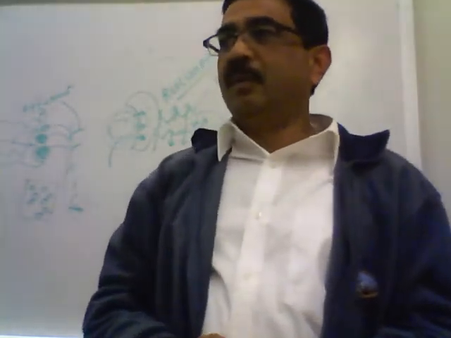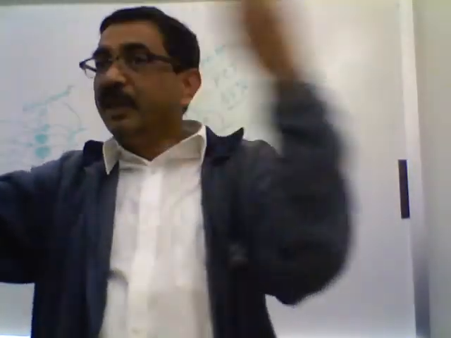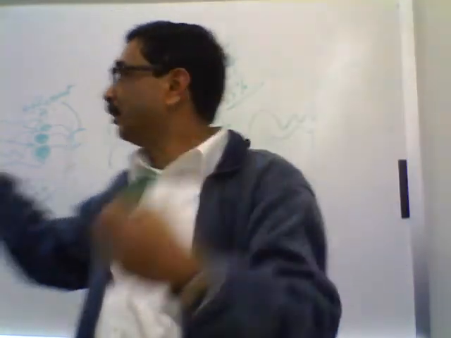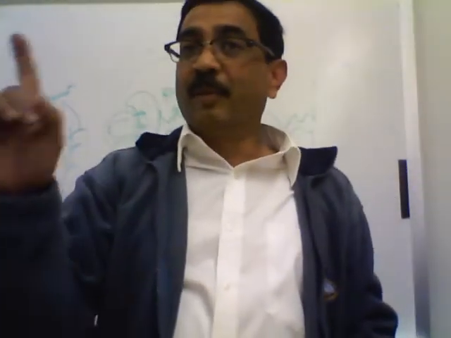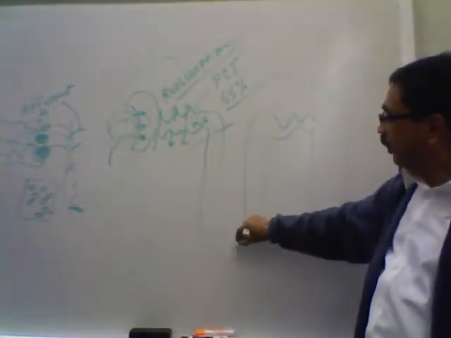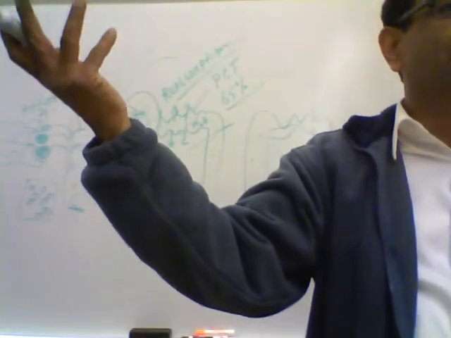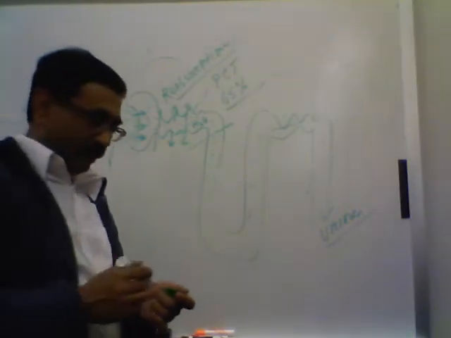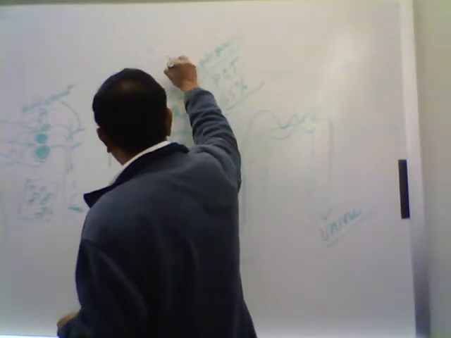So when anything is taken back into the body through the wall of the tubule, that is called what? Reabsorption. Is it clear? Remember, this is very important: anything that remains in the tubule will not be reabsorbed, and will get out as urine. Whatever is left inside the tubule will become urine. So that is one process called reabsorption.